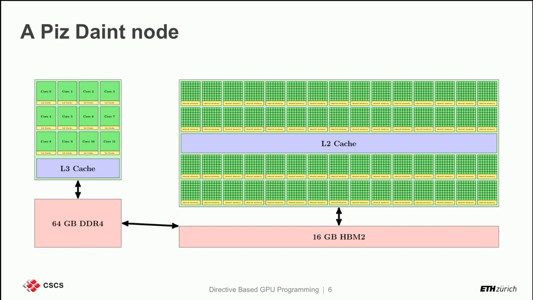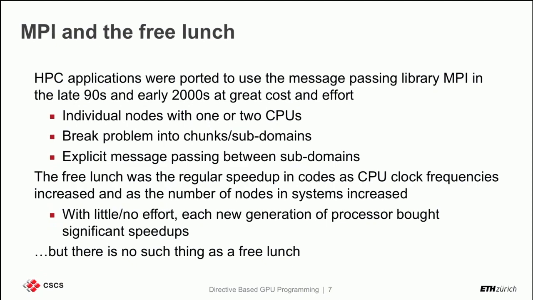The small green dots are actually the processing units. So you see that there is lots of parallelism that needs to be exploited. And if you don't do that, then basically you cannot efficiently use today's computers and supercomputers.